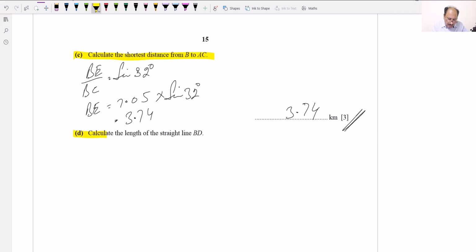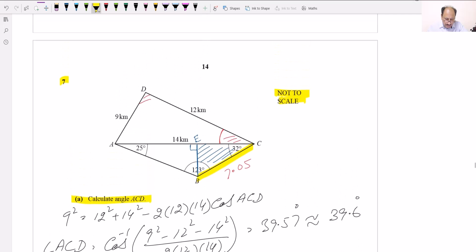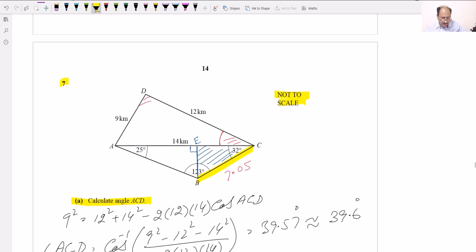And the D part: calculate the length of the straight line BD. If we draw BD, it will be this line which they are looking for. We have BC, this side, and what else? We also have this angle.